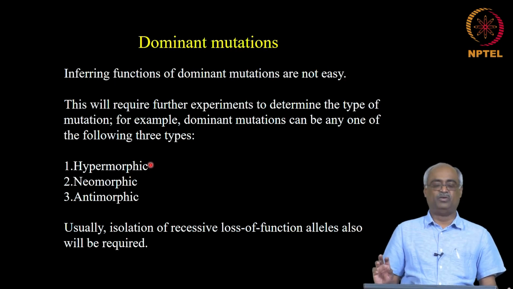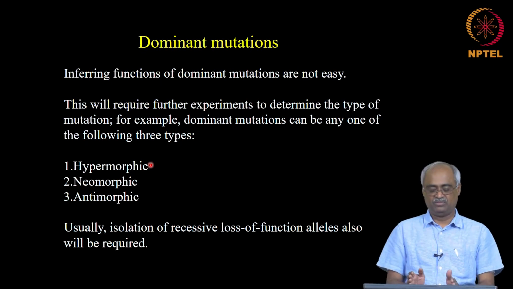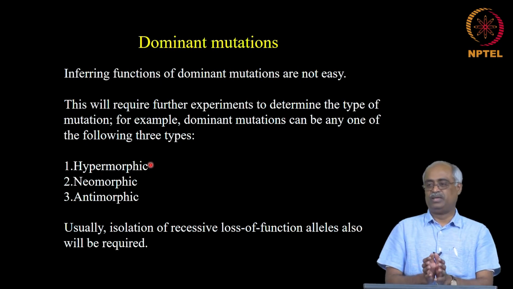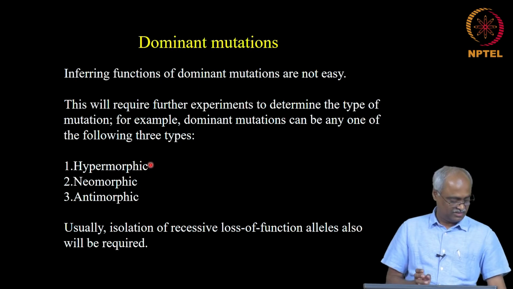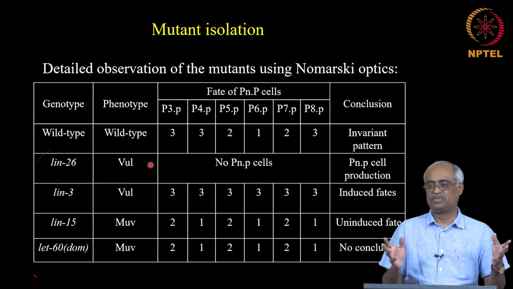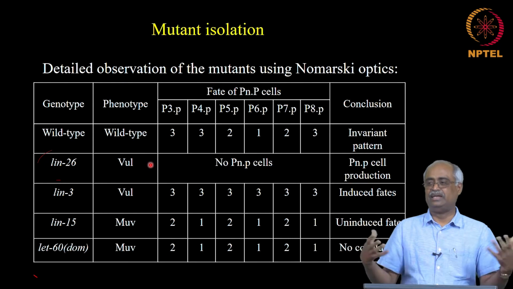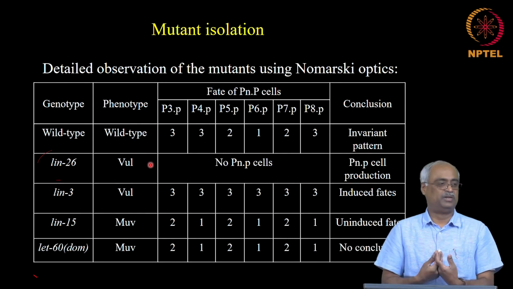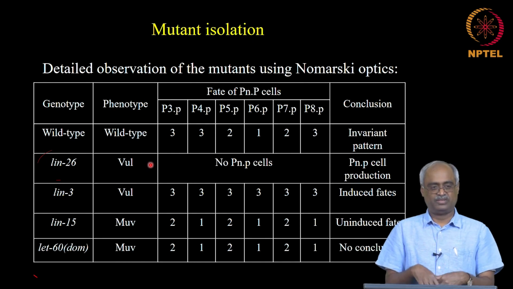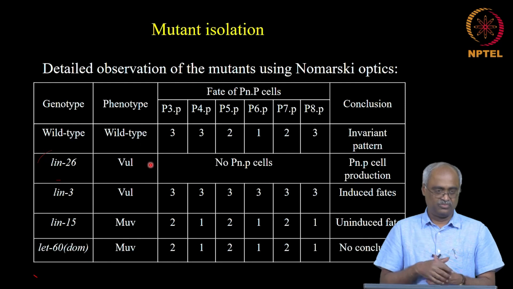I found mutants, I have done complementation, now I have one allele for a given gene, let us say Lin26. Now, where is Lin26, on which chromosome, and what protein does it encode? We will focus on that in the next class. Then we will move on to how we handle dominant alleles.